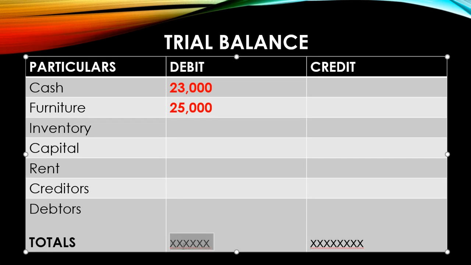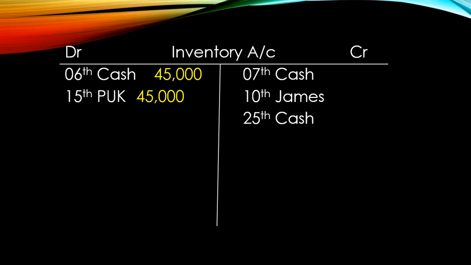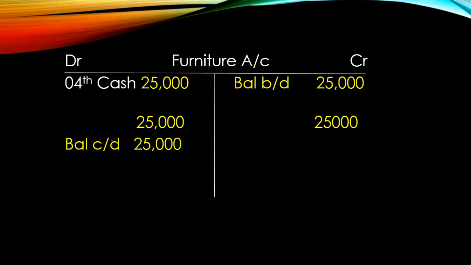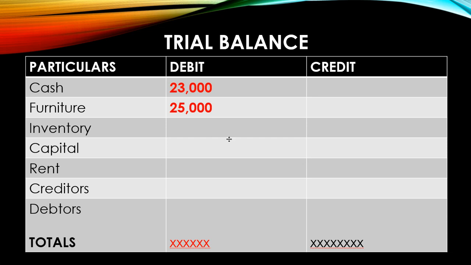So now what you do, you are going to balance all the ledgers, the PUK ledger, sales ledger, then furniture. I have balanced it. Balance for rent. Rent automatically when you balance, you'll get it at 35, and on debit, 35,000.